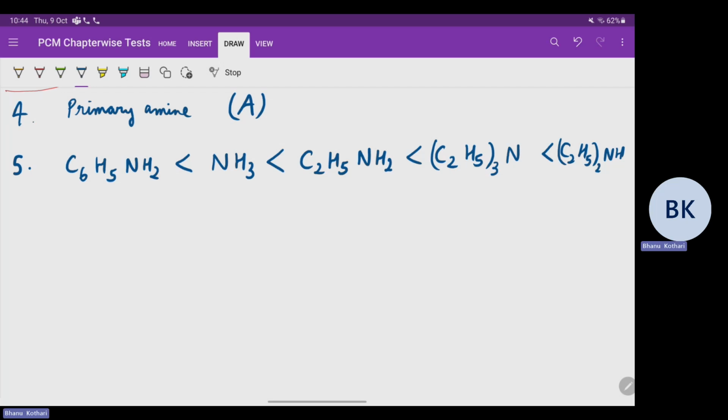So this will be the correct order of basicity, which is given in option C.